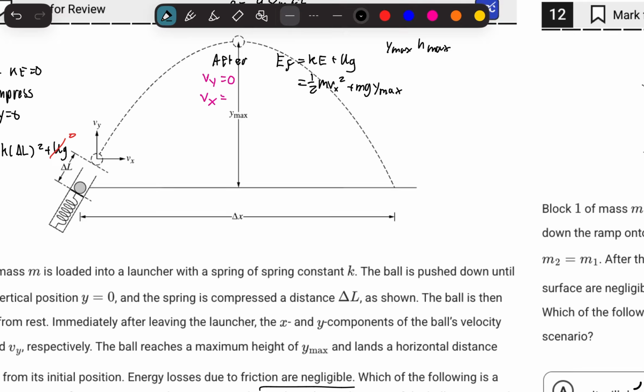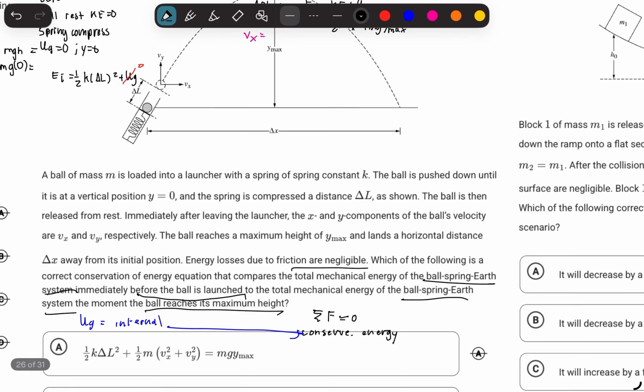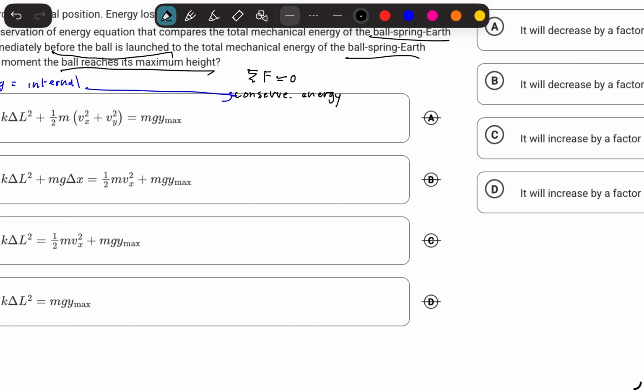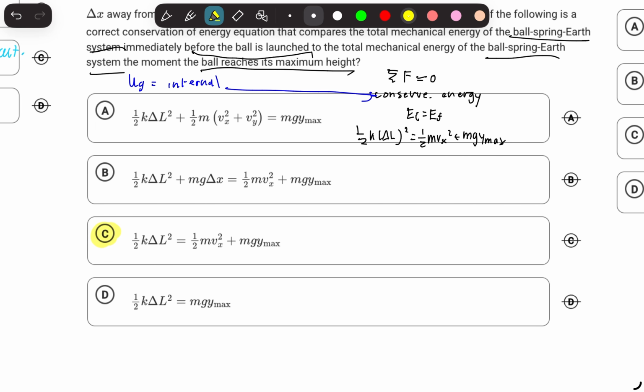You're going to be at your highest because this is the highest point of your projectile. Now set them equal to each other because you have your conservation. That's C.